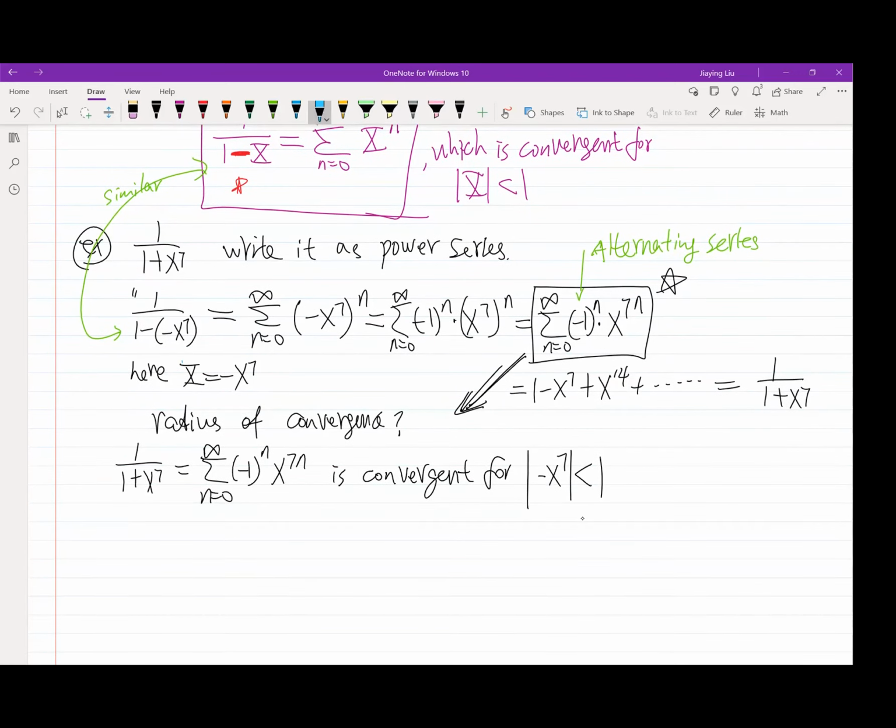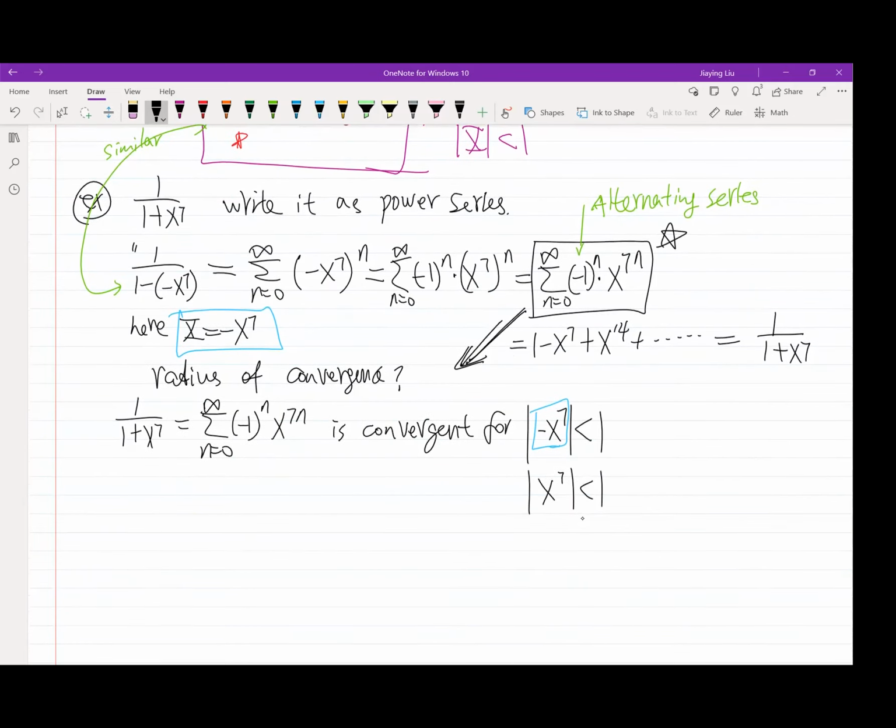So instead of capital X, we use negative x to the 7 in absolute value. That will just become x to the 7, absolute value less than 1. We can drop the negative, which eventually becomes just absolute value of x less than 1. The 7th power doesn't really matter because when we take the 7th root on both sides, we still get 1 there.